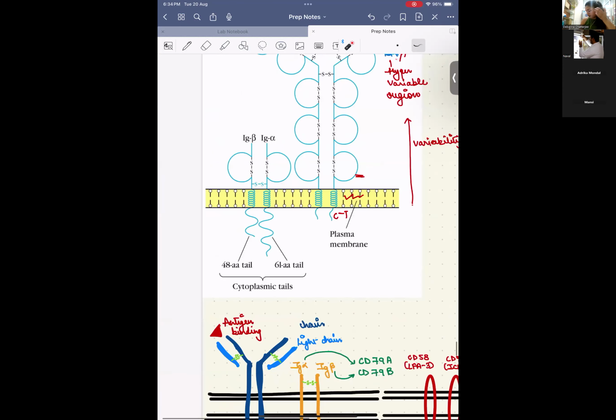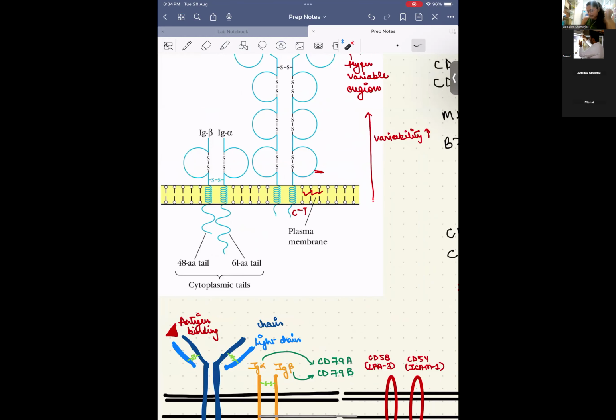We will further see that these tails also have certain conserved regions where some tyrosine molecules are present. Tyrosine is going to either get phosphorylated or dephosphorylated.